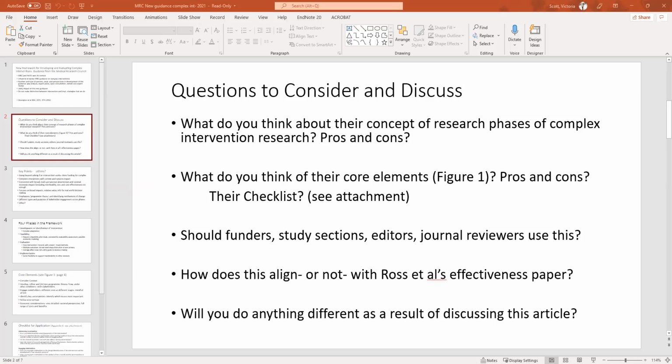That was kind of like the paper you just saw where we had our buckets or categories. And then just some thought questions for you, including alignment with the one we just talked about. But the bottom line is, after we go through this, you think it's likely you'll do anything different, or we should do anything different as a result of reading this article or not? So we'll come back to those, but keep those in mind.